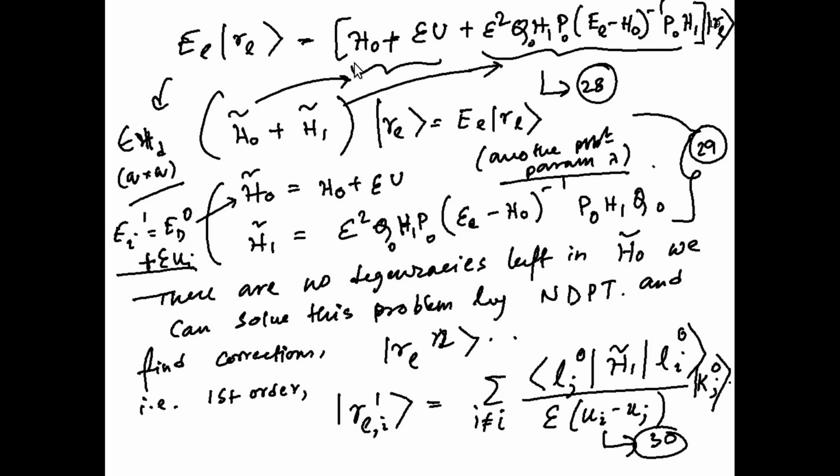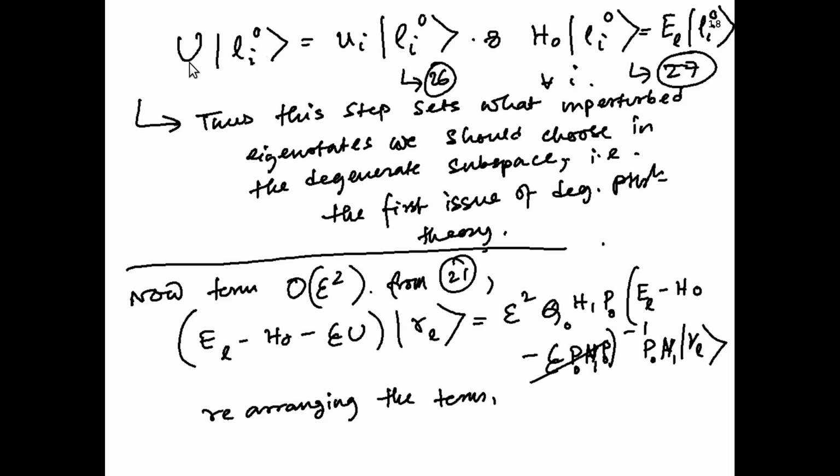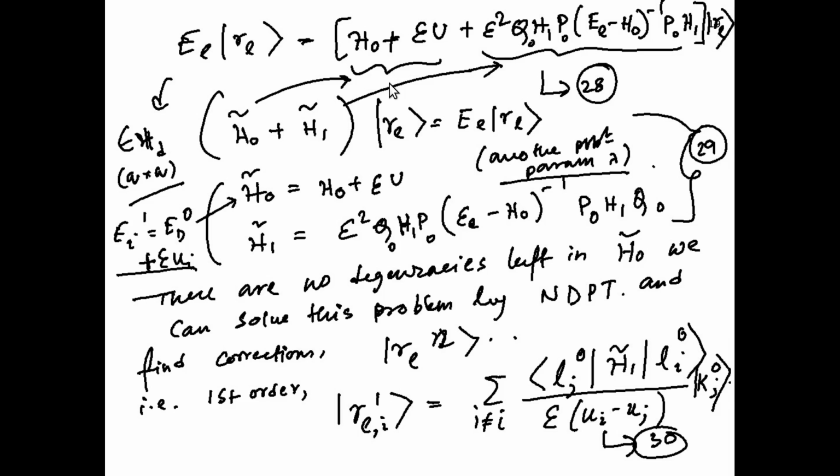After all this exercise I know the solution of H naught plus epsilon U. In this degenerate subspace it is basically a non-degenerate solution, because epsilon U acting on L_i gives me these eigenvalues U_i, so it is a non-degenerate perturbation theory problem after I lifted the degeneracy by going to the right states and calculating the corrected energies.